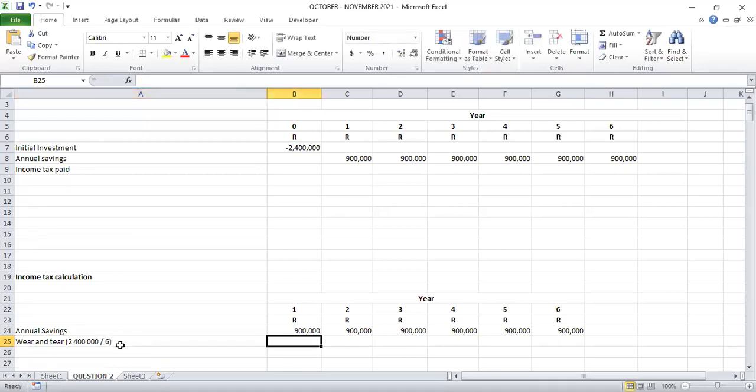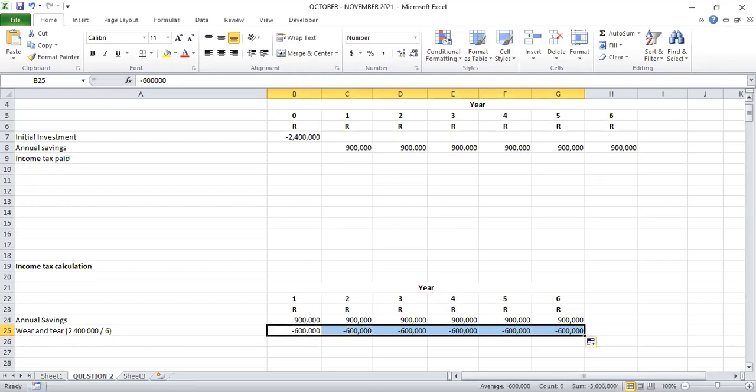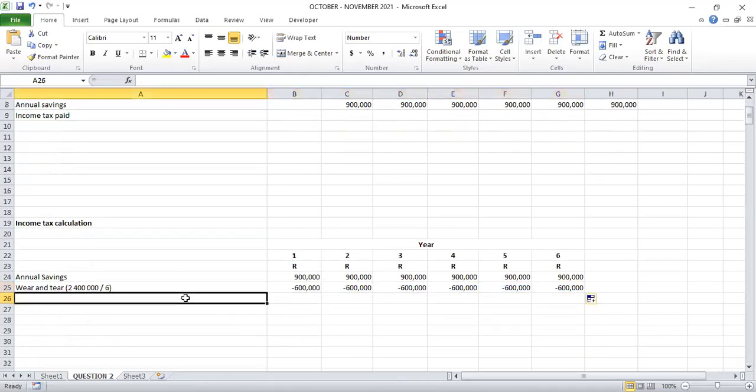So we're going to get 400,000. Since everything is the same in an exam scenario, you can just make it a calculation for all of the years at one time.